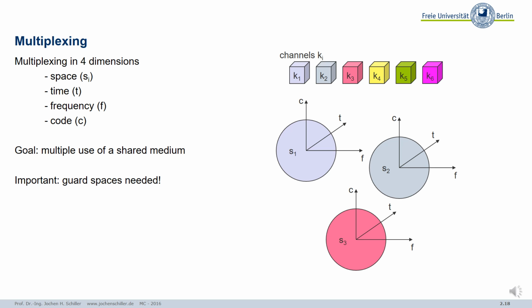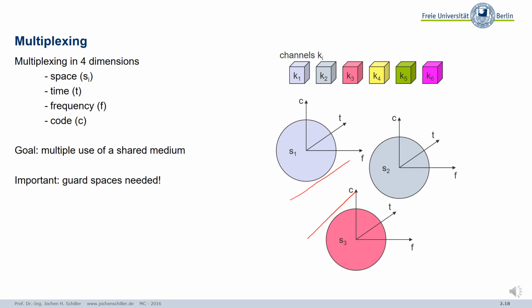We can use several cables. That's space division multiplexing. For wireless systems, the classical way of separating users is to place them further apart, like a radio FM station in Stuttgart, one in Berlin, one in Hamburg. They can all use the same frequency. There's almost no interference, no problem. But we need something called the guard space in between.